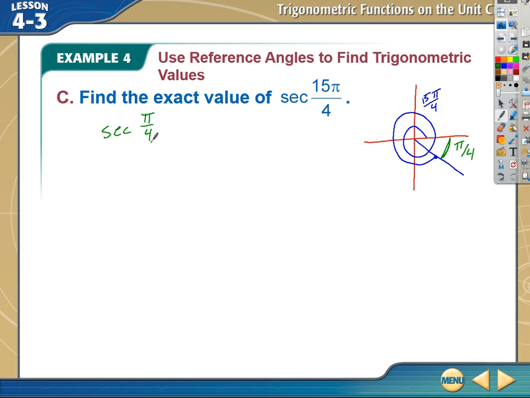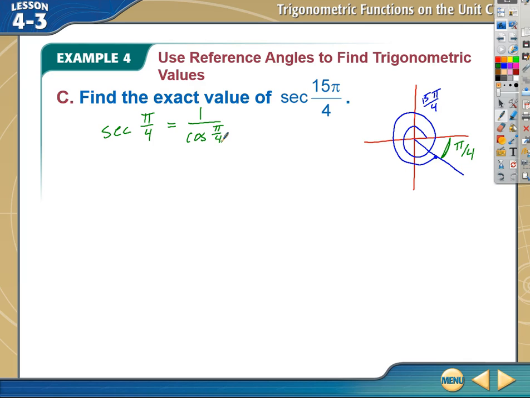And you're going, oh my God, what is secant of pi over 4? Okay, well, what's the relationship between secant and cosine? You have to remember that secant is equal to 1 over cosine of pi over 4. They're reciprocals of each other.